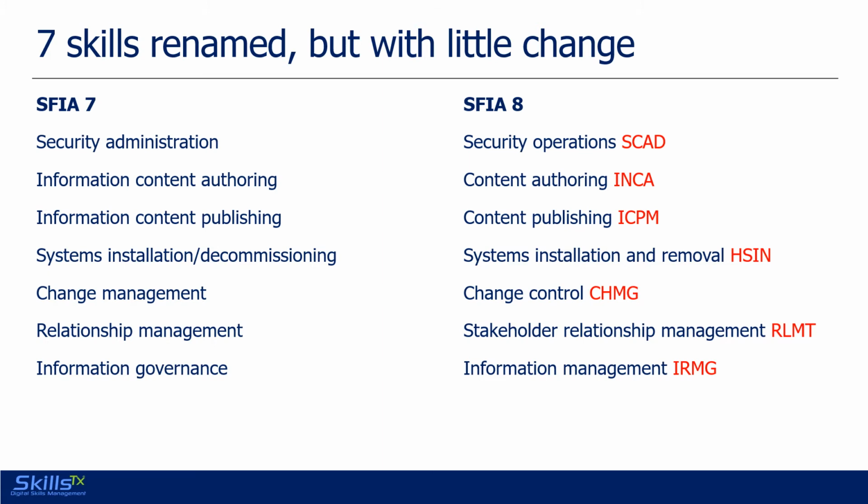Information content publishing becomes content publishing. System installation and decommissioning becomes systems installation and removal. Change management becomes change control. Relationship management becomes stakeholder relationship management, to give a clear distinction between that and supplier management, which is a different skill. Information governance becomes information management.